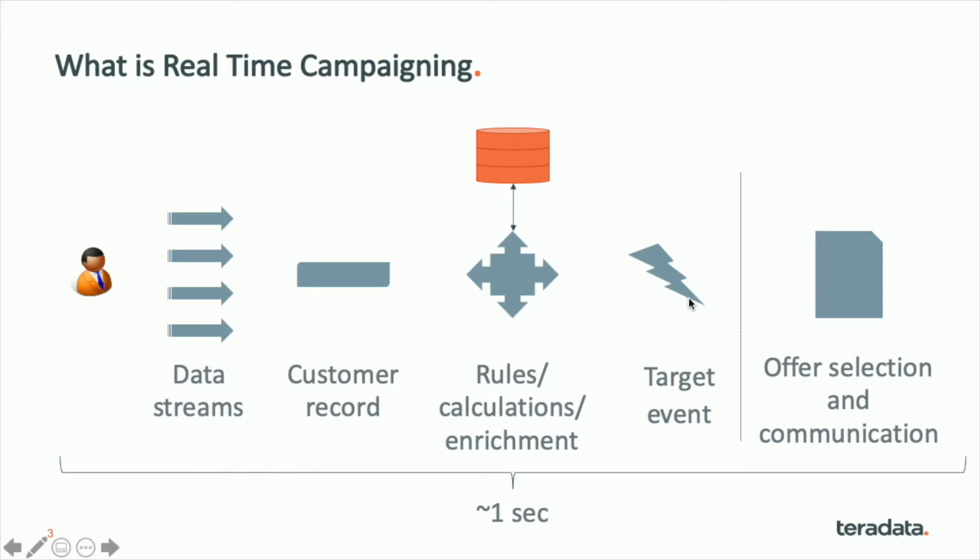Target events means that not all data coming from data streams are leading to a target event. We have some garbage on this side, and through different transformations, we get your target event. And on the target event, you should make an offer selection and communication. This whole process should take around 1 second.